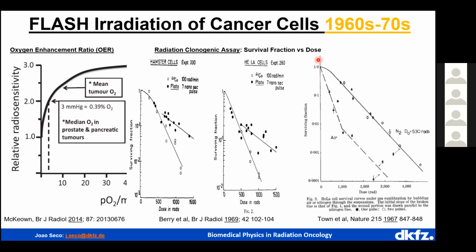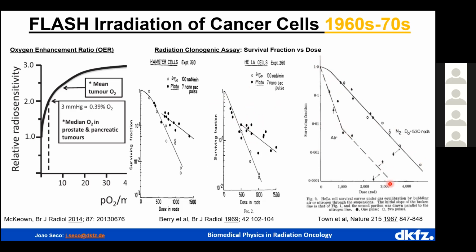So here's your normal cell kill, and this is your hypoxic survival curve, the one in nitrogen. And if you irradiate under FLASH conditions, you suddenly have the so-called inflection point here in the middle. And from there, you have a hypoxic behavior of cells. So this straight line represents the cells that are under FLASH.